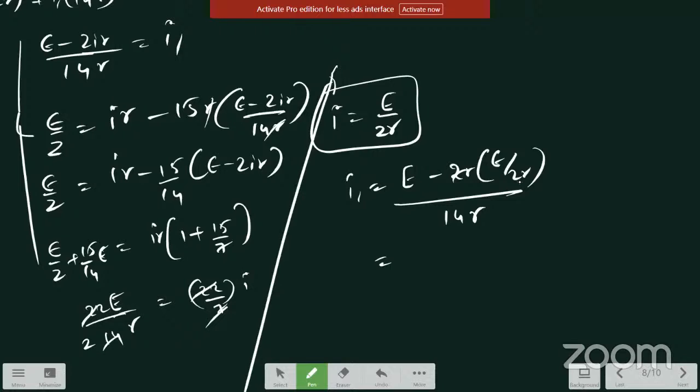Just a minute. The two are getting cancelled. This is not possible. I1 is equal to 2R.